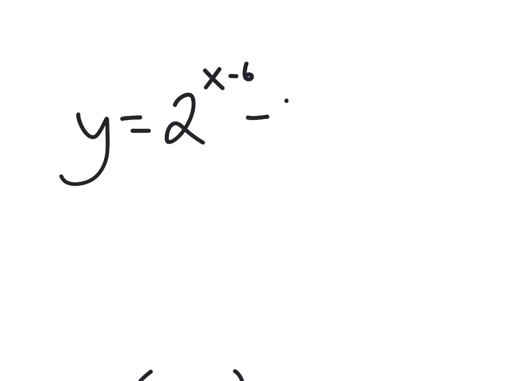All right, here's the ones that are harder, in my opinion. And I want you to tell me the two things that this one did. Meaning, it was an exponential. This was the exponential part. And then it got moved. Where?